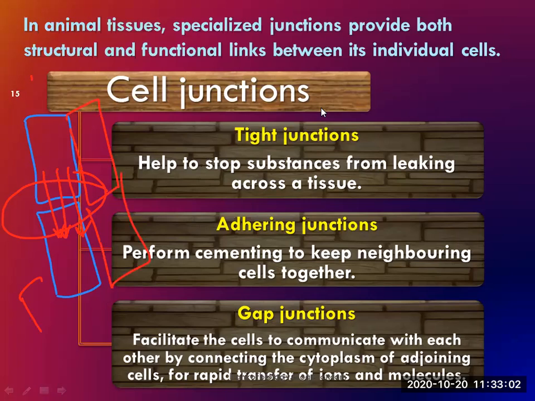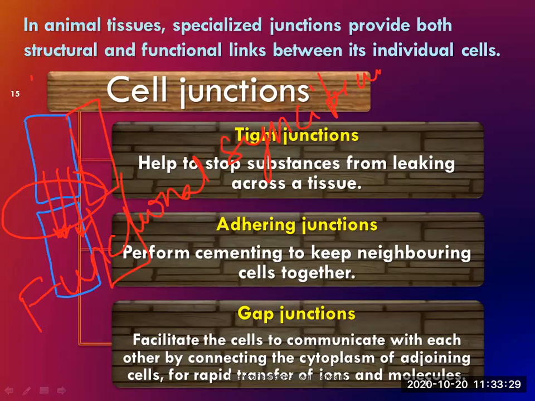Talking about the heart, cardiac muscle fibers work together by exchanging calcium ions. So we say that process is a functional syncytium. Now let's see the gap junction that correlates with this. Gap junctions facilitate the cells to communicate with each other by connecting the cytoplasm of adjoining cells for the rapid transfer of ions and molecules.